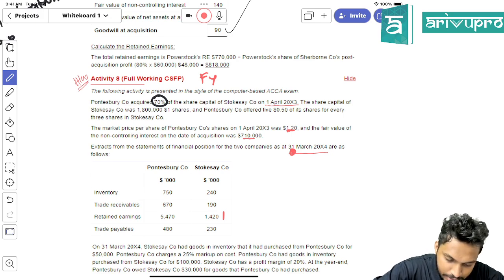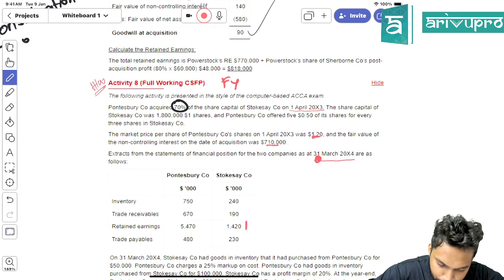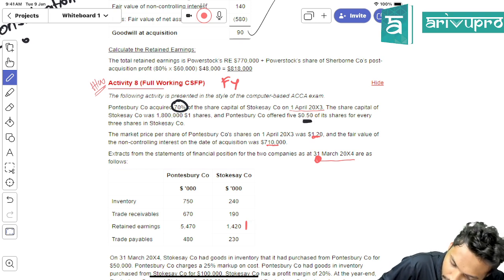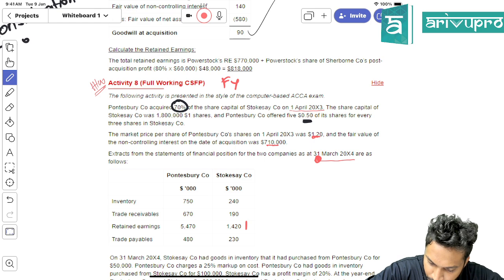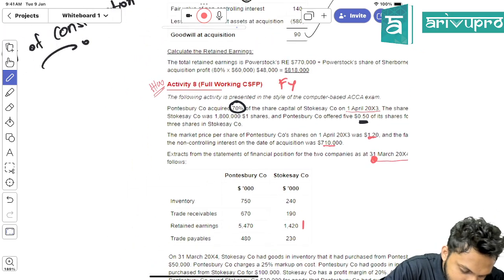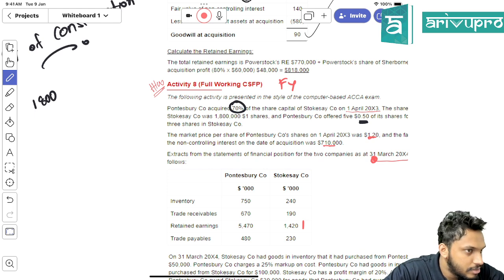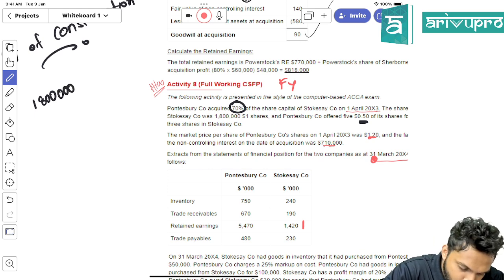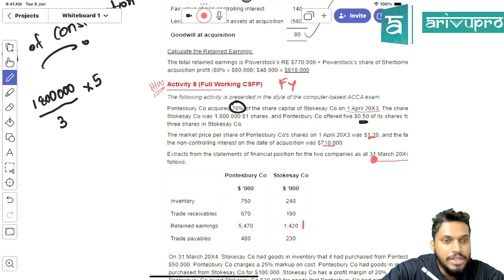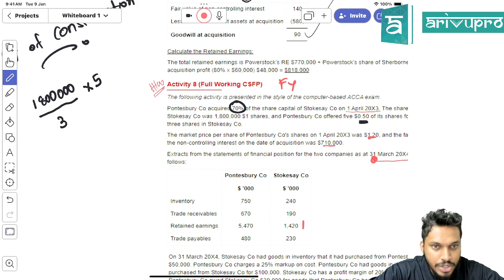The share capital of S company was 1.8 million and P company offered 5 of its shares for every 3 shares S company holds. So S company is having 1.8 million worth of shares. For every 3, I am paying them 5 of my shares. Every 3 shares of them is equal to 5 of my shares.